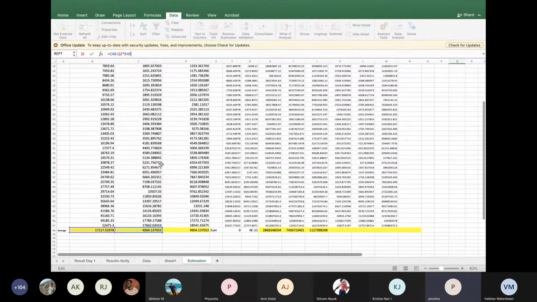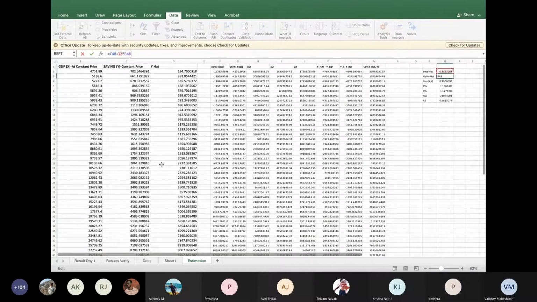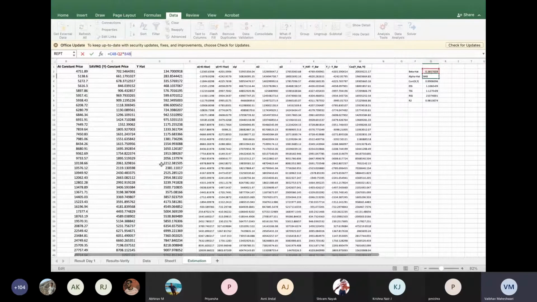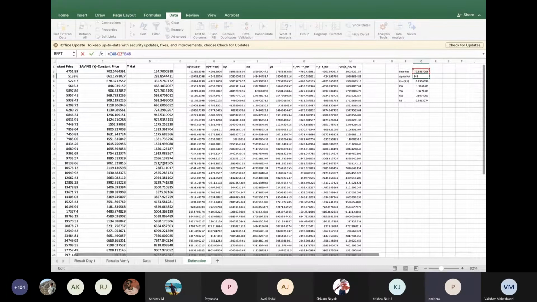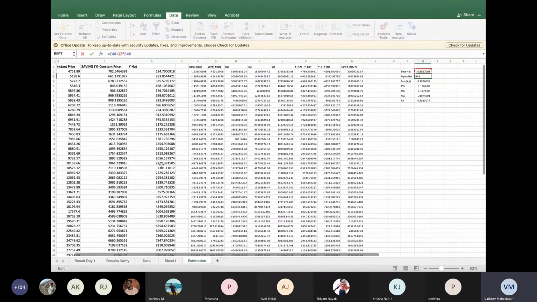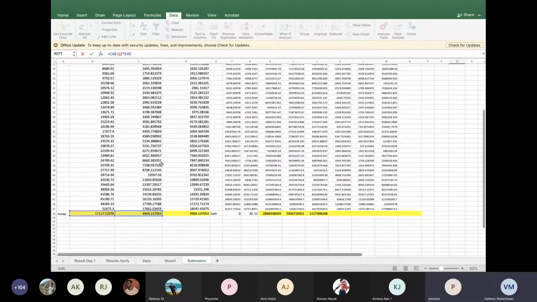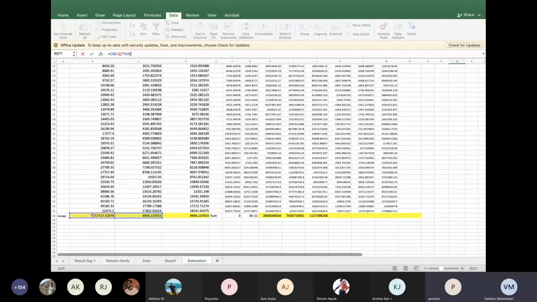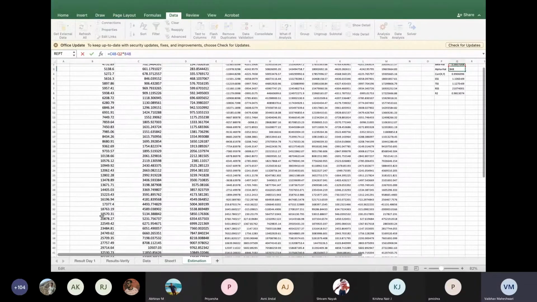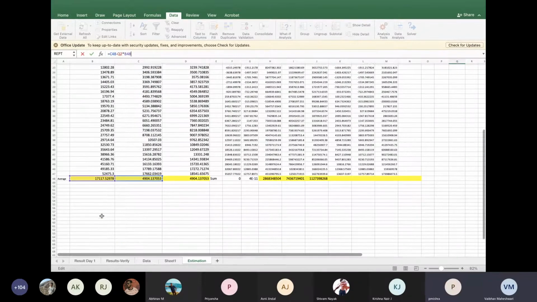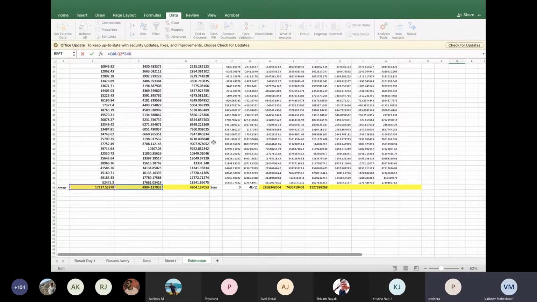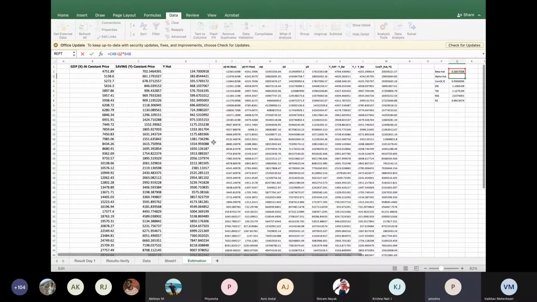And D48 is actually x bar. No, B48, sorry. Let me just open it at my left. Yes, sir. B48 is x bar, the average of X. So what is the formula? Y bar minus beta hat x bar. You see? Yes, sir. That gives me alpha hat. Isn't it?